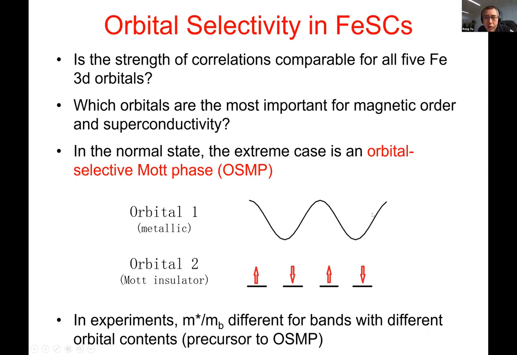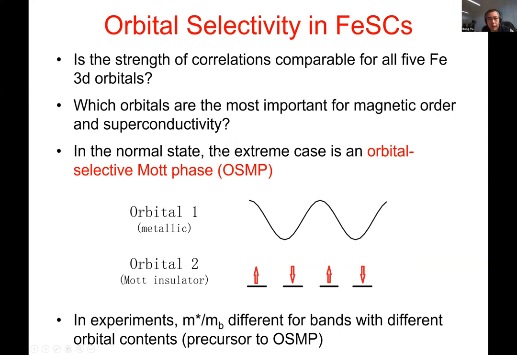So it is natural to expect that the strength of the electron correlations is very strongly orbital dependent, meaning that it is not the same for all five iron 3d orbitals. And then we need to identify which orbitals are the most important for the magnetic order, or the antiferromagnetic order, and also for the superconductivity in these systems.